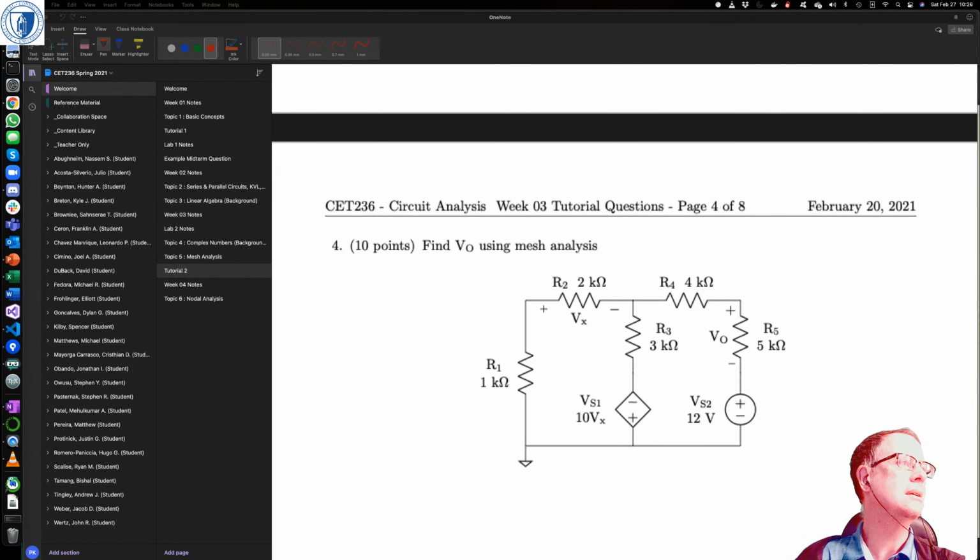So let me see if I can figure out how to do that. I think that's the way to do it. So this breakout room's going to be doing question 4. Okay? Okay, thanks.